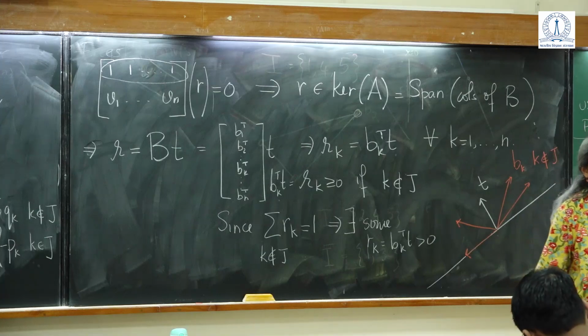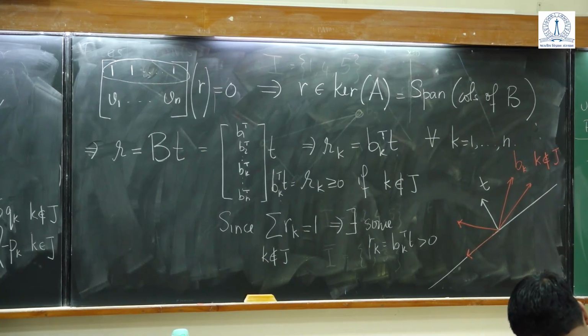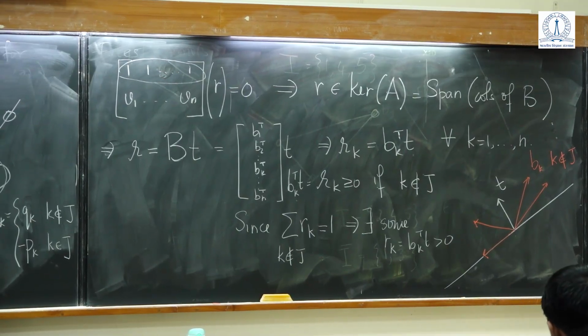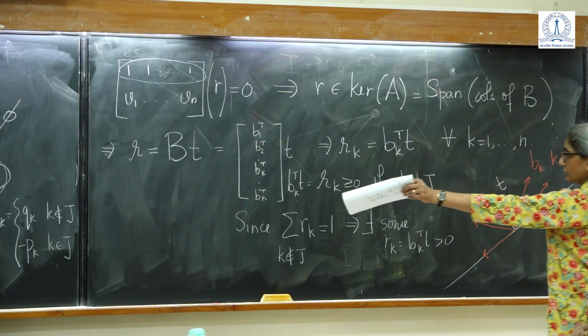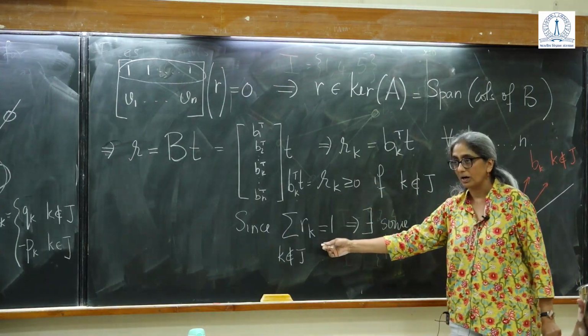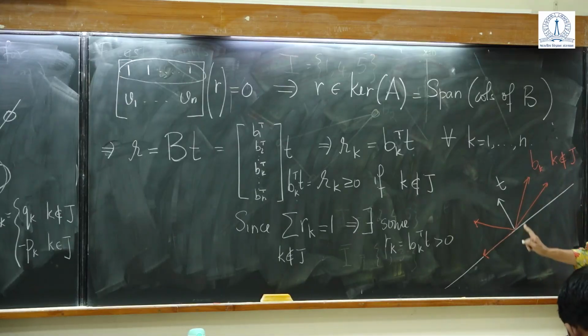There must be something positive because the RK's have to sum to 1. So it cannot be that all the BK transpose T's are 0, which is the only way that the BK's can lie on the hyperplane, right? To lie on the hyperplane means that BK transpose T must be 0. But all of them can't be 0 because they are exactly those QK's and they have to sum to 1. So at least one of them must stick out like this, like my picture.